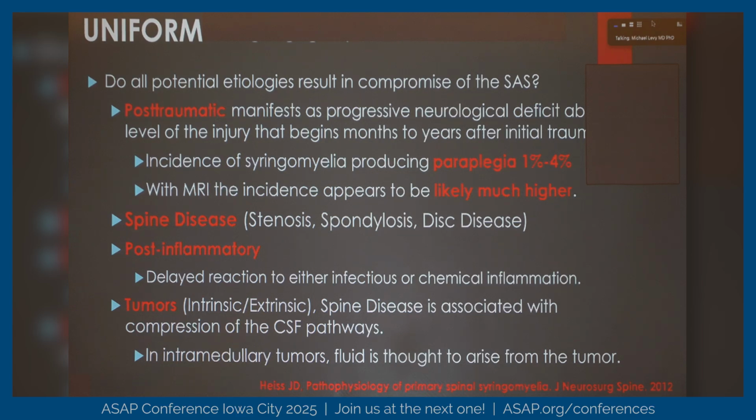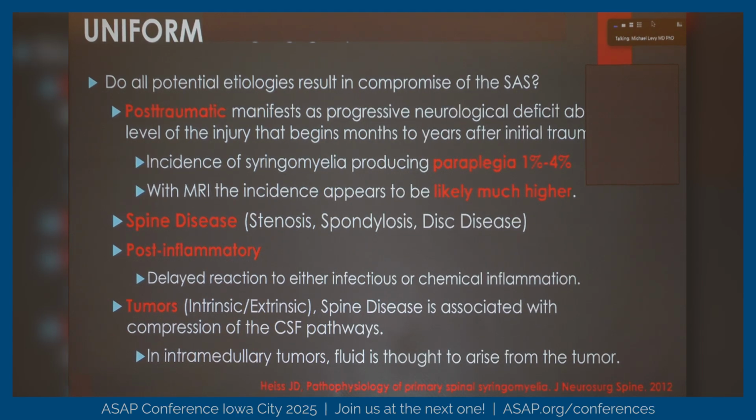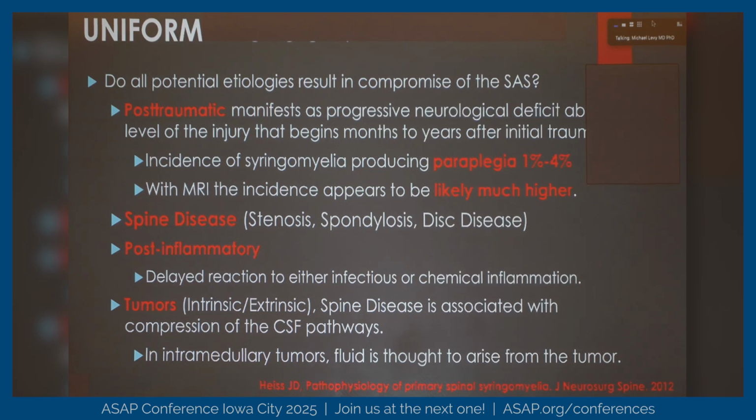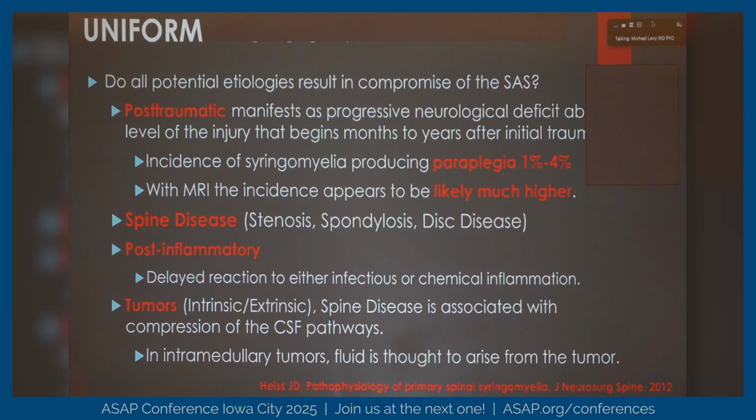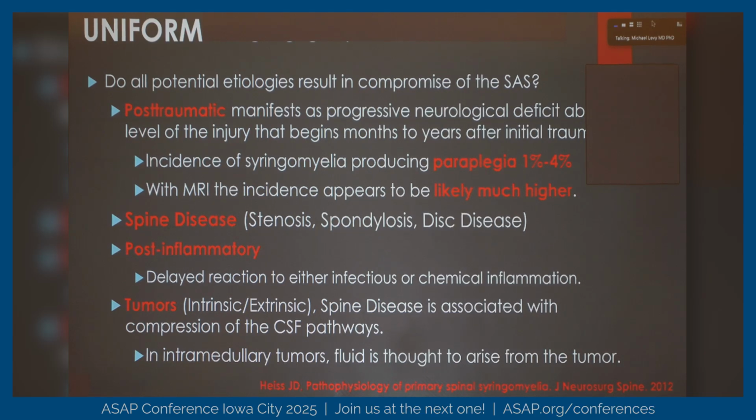When we do see an intramedullary tumor and we see tumor fluid associated with that, it's usually the belief that the fluid is resulting from the tumor itself and is not secondary to true syrinx formation.